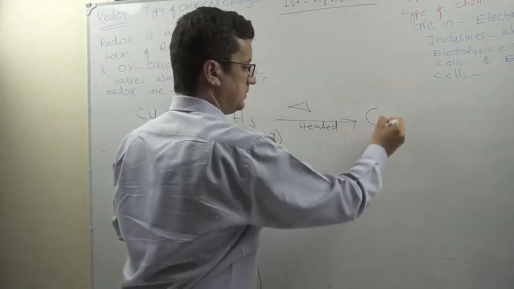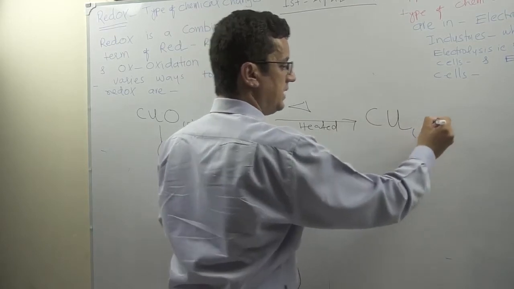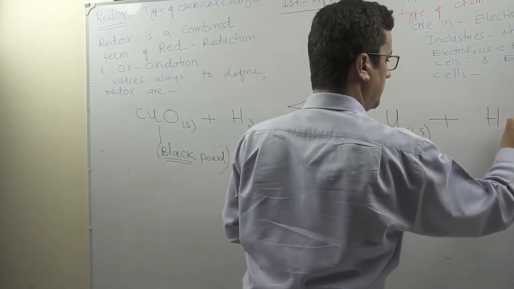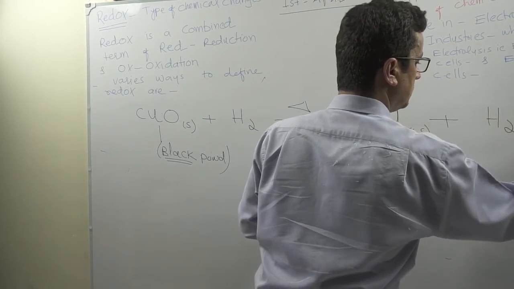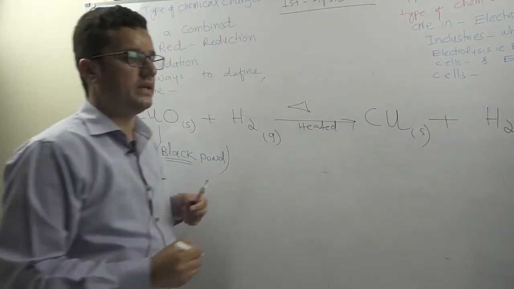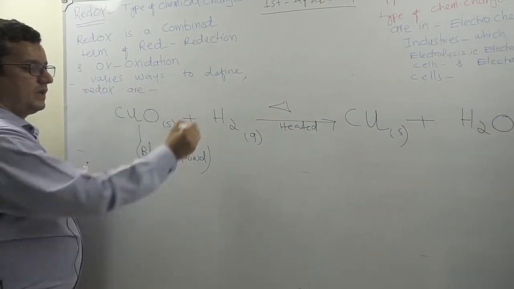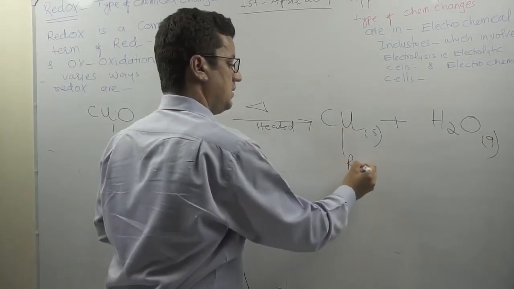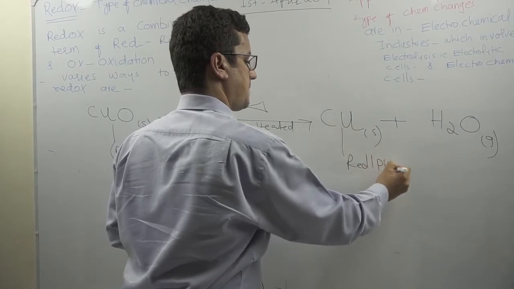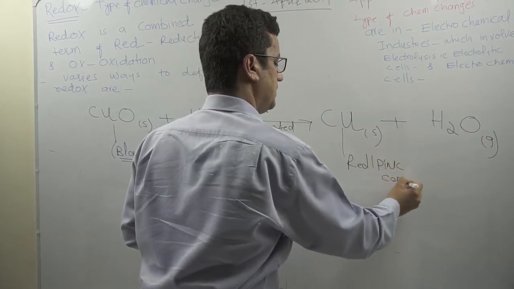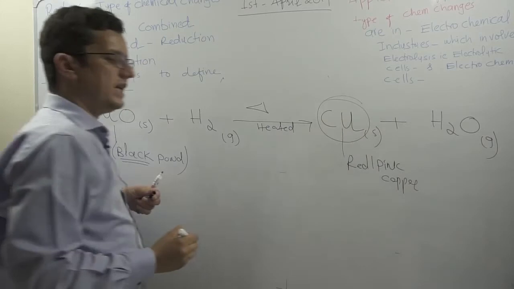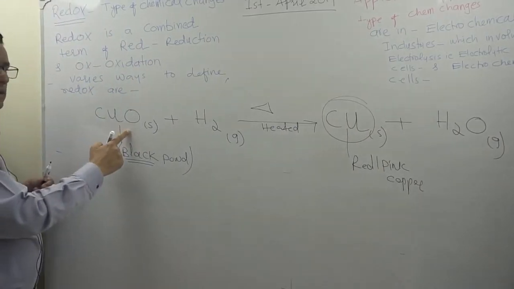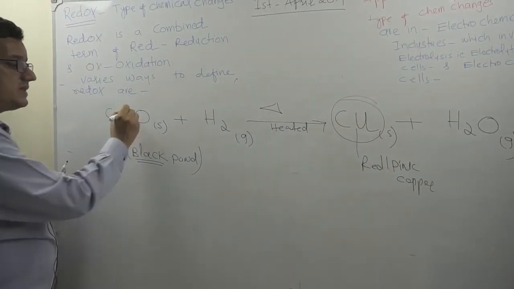You'll find that black copper oxide has changed to reddish pink copper, and hydrogen gas has turned to hydrogen oxide, steam or water. So copper metal is extracted from its ore by a redox mechanism.